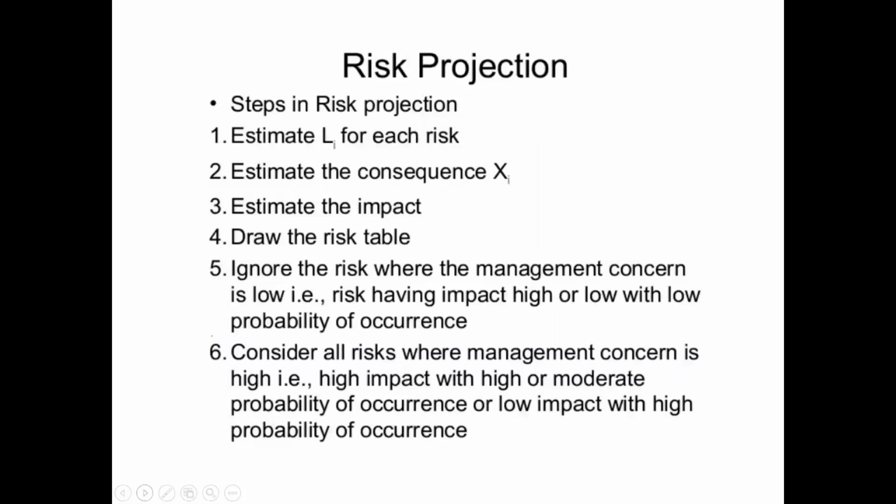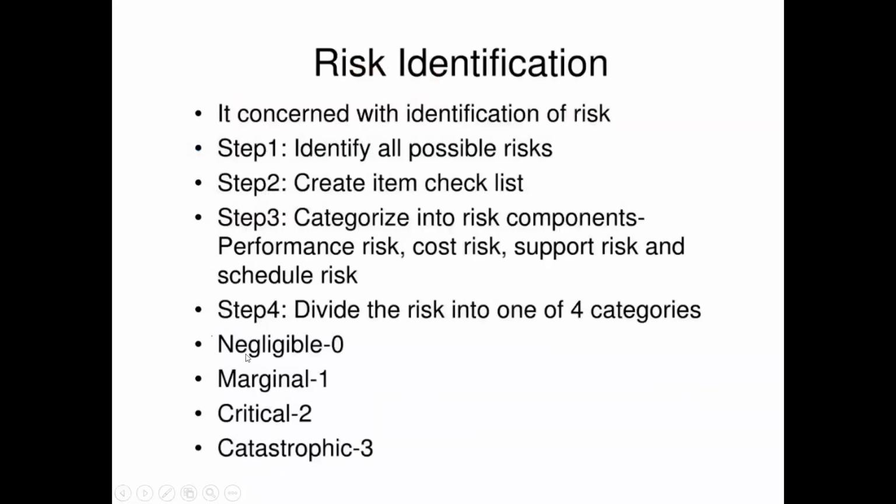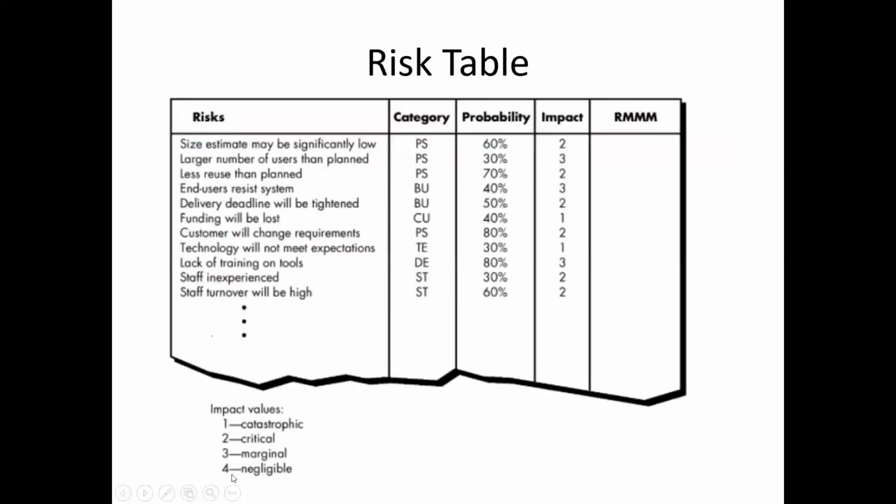Sorry, this is the reverse way. In the table I gave, negligible was 0 and marginal was 1, but in this table they have used the reverse. Negligible has 4, marginal has 3, critical has 2, catastrophic has 1. That means catastrophic, 1, is the highest impact.